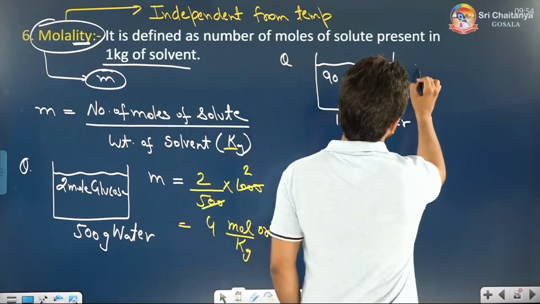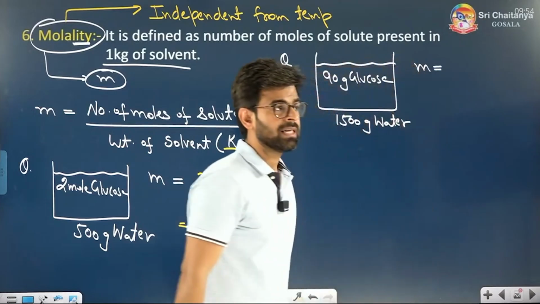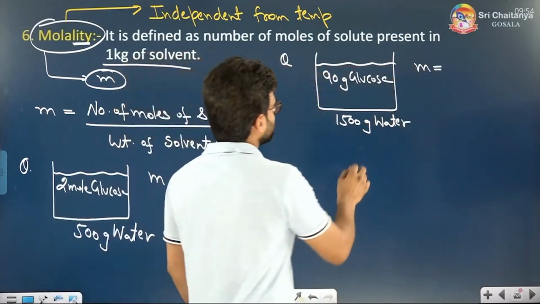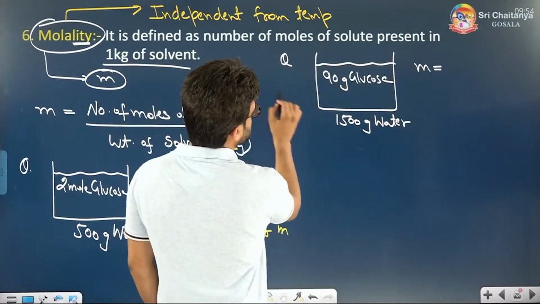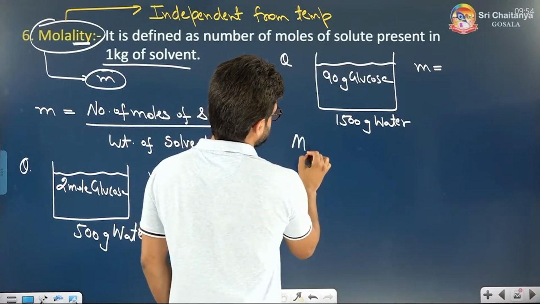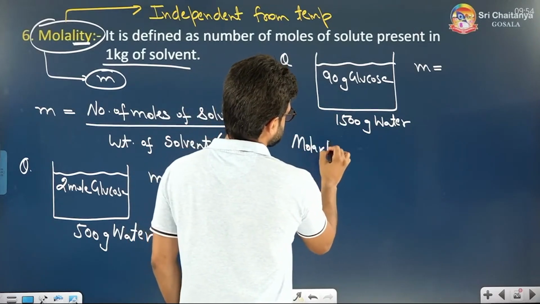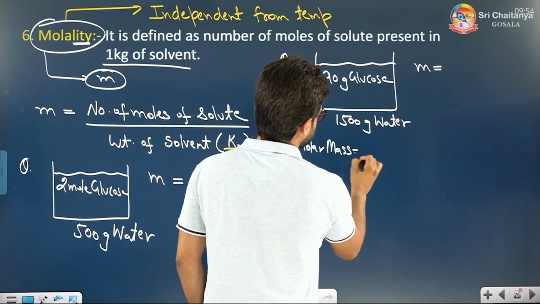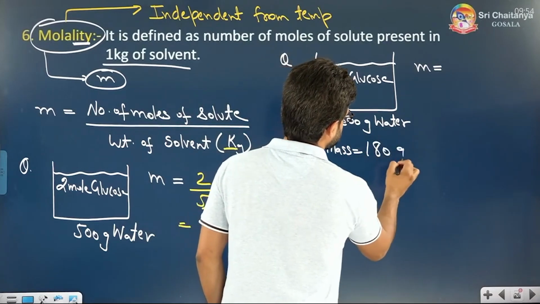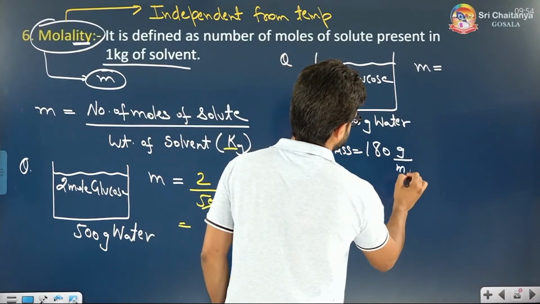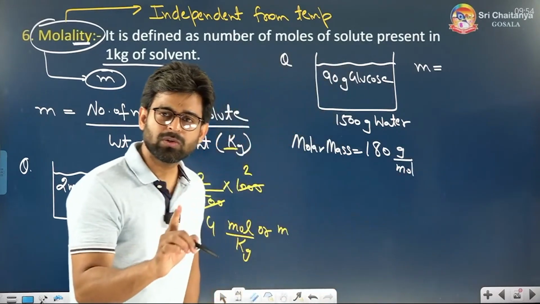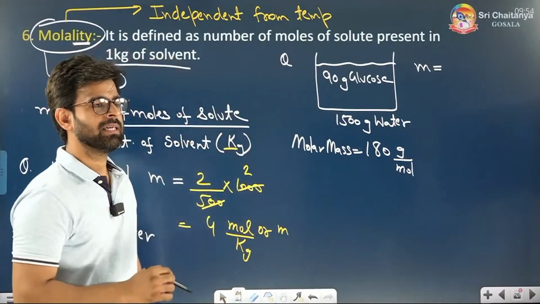So please find the molality of the solution. For your hint, I am telling the molar mass. The molar mass of glucose is how much, bacha? It's 180 gram per mole. 1 mole glucose has how much mass? 180 gram. Clear, bacha?